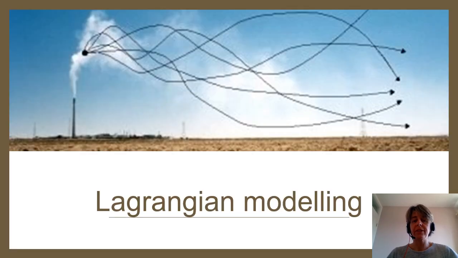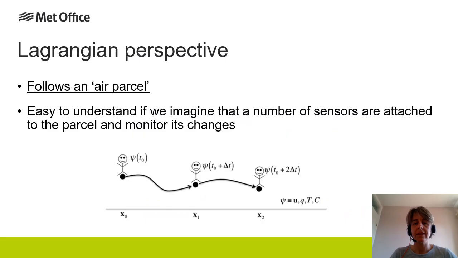So to start off, as I mentioned, NAME is a Lagrangian particle dispersion model. So let's talk a bit more about these models. In a Lagrangian model, we follow air parcels. So given a particular air parcel, which at a particular time is at a specific location, we can interrogate our input meteorological data to determine the wind speed, temperature and other meteorological variables at that air parcel.